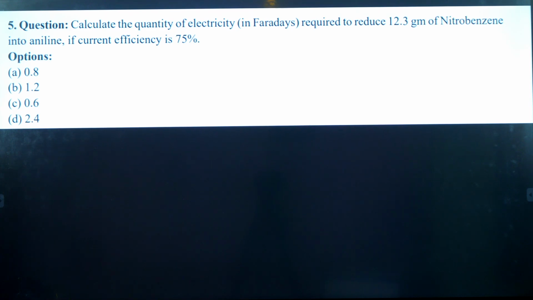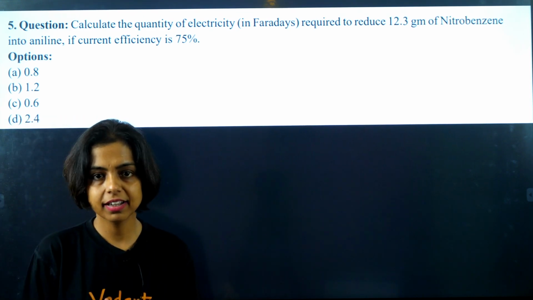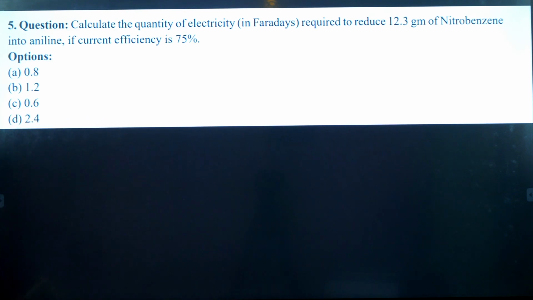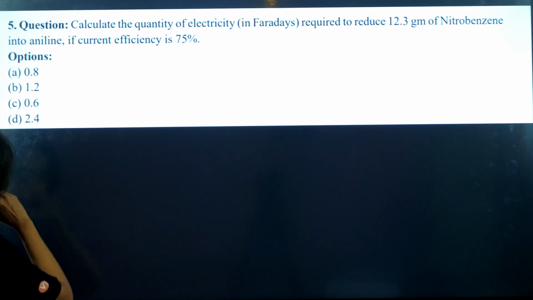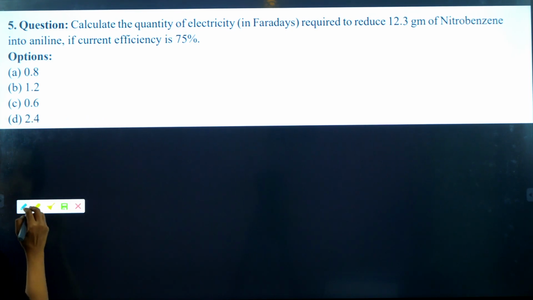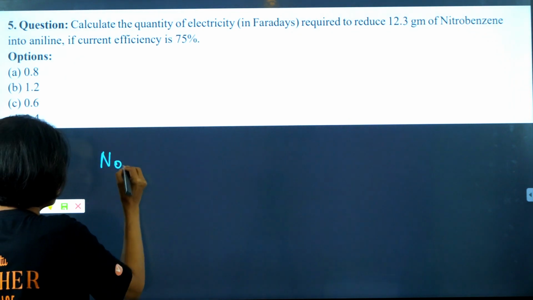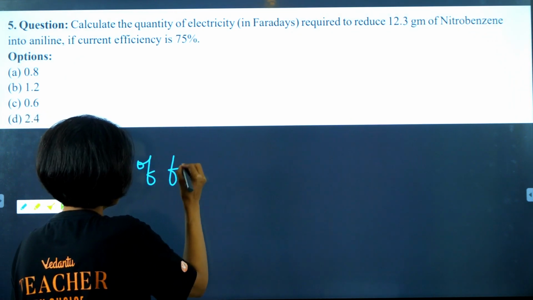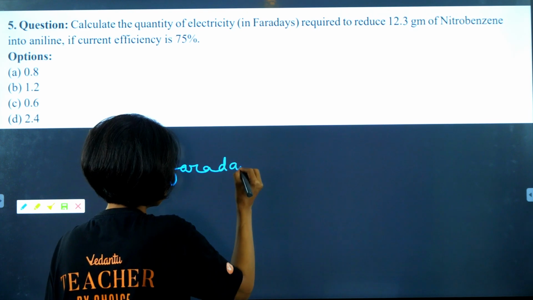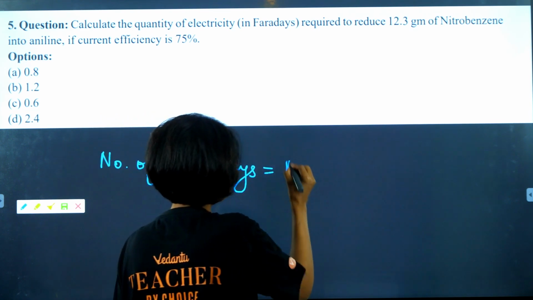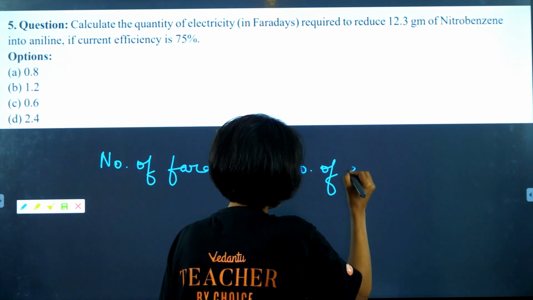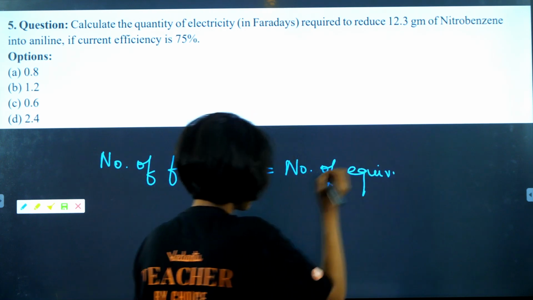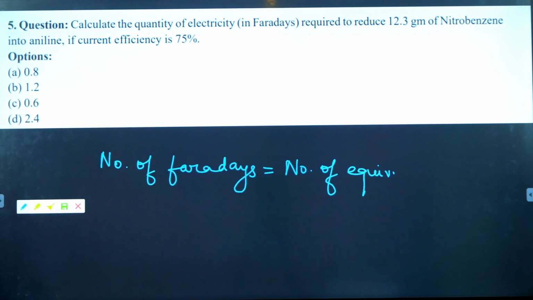Faraday's law says the number of Faradays required is equal to the number of equivalents reduced or oxidized, equal equivalents being produced.